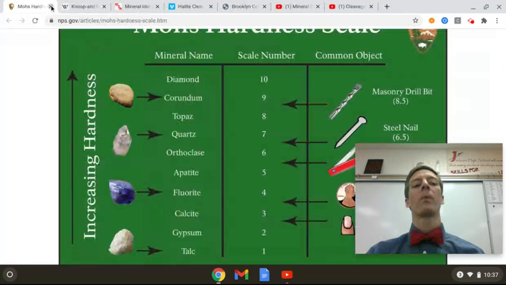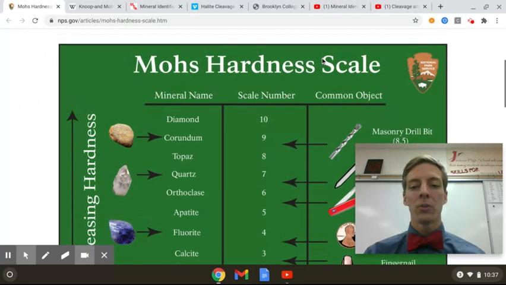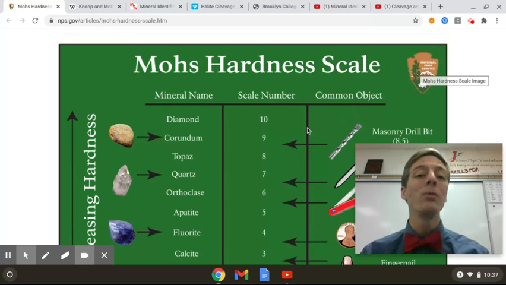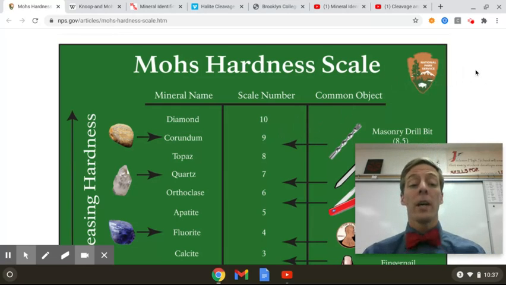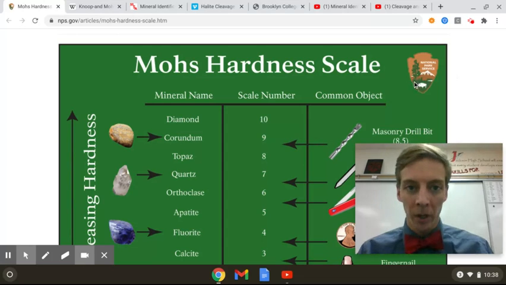Okay. Here we go. Mohs hardness scale. Okay. This is probably the most useful test. First of all, it's one of the few that's numeric. It's quantitative. You can put a number with this. Yes, it orders things, but there are specific numbers that go along with this. 1 through 10 is the Mohs scale.